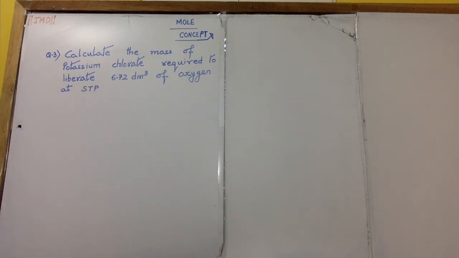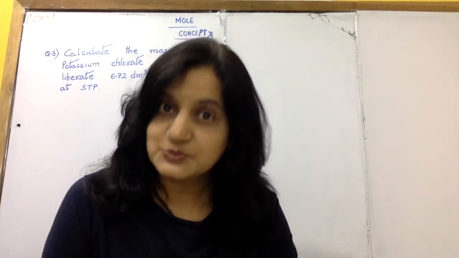That's the question. Calculate the mass of potassium chlorate required to liberate 6.72 dm cube of oxygen gas at STP.